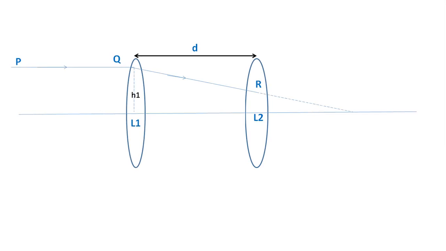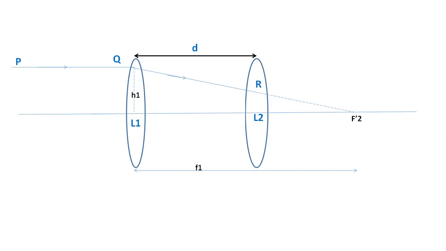and in the absence of the lens L2, it meets the principal axis at F2 dash, and this is the focal length of the lens L1. In the absence of the lens L1, the incident light PQ travels without any deviation.